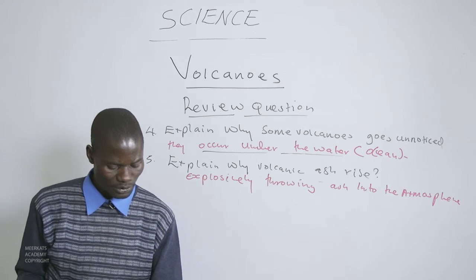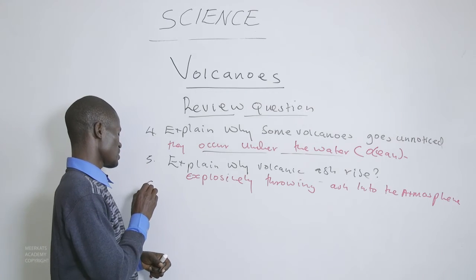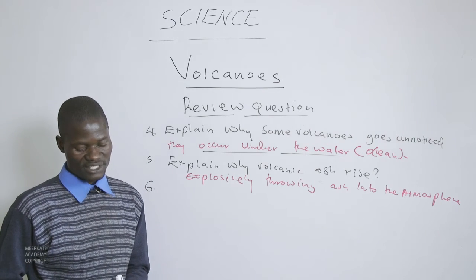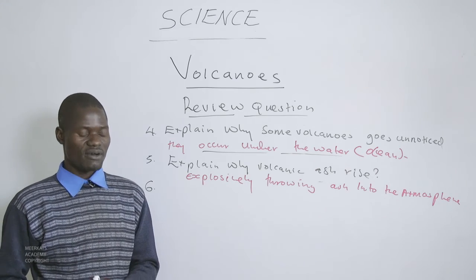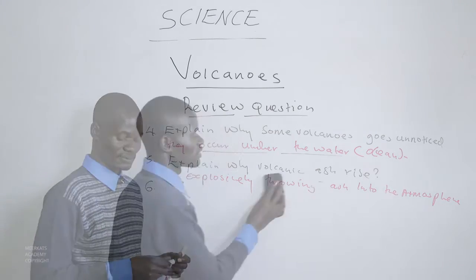We are also able to look at question 6. What does question 6 say? Describe 3 different situations in which volcanic ash can be dangerous.